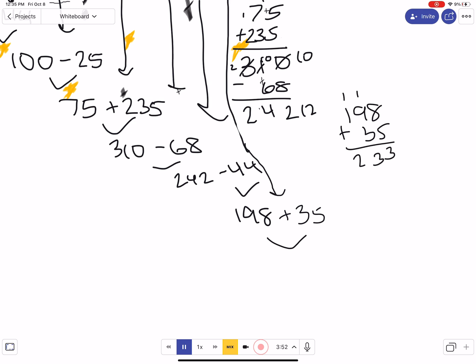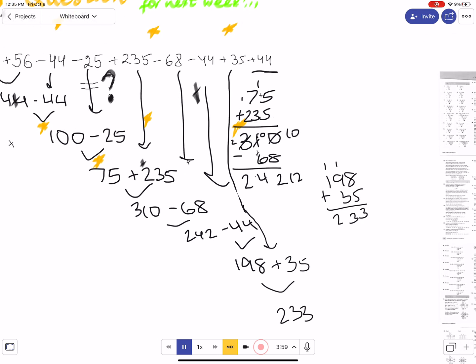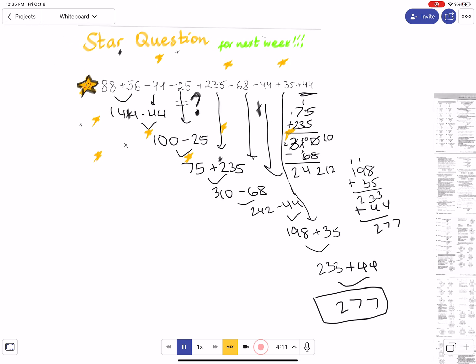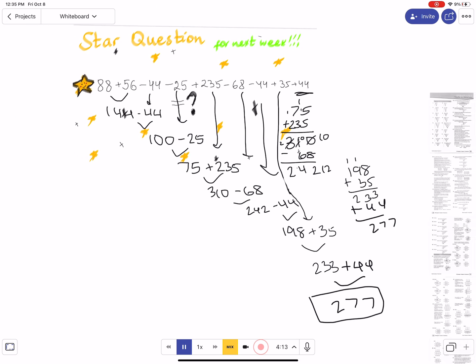And that would be 233. Yep. And then the last one is our plus 44. And you should get 277. So that should be our answer for the star question. So everybody check your work.